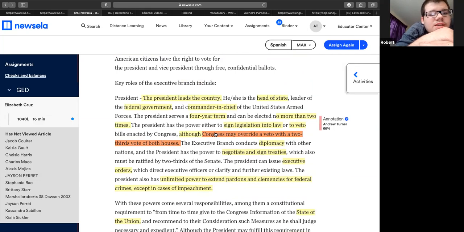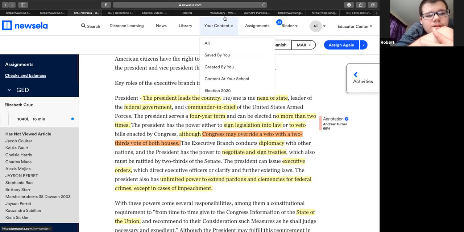Key roles of the executive branch include president. The president leads the country. He or she is the head of state, leader of the federal government, and commander-in-chief of the United States Armed Forces. The president serves a 4-year term and can be elected no more than twice.